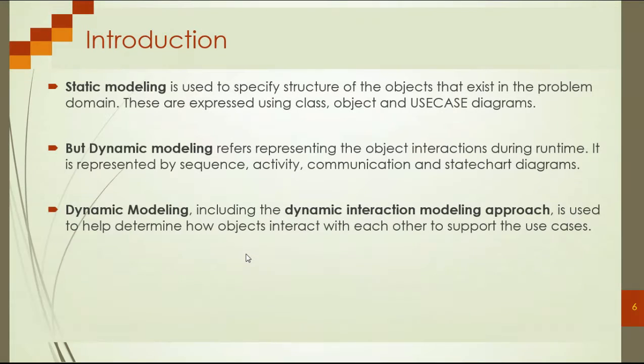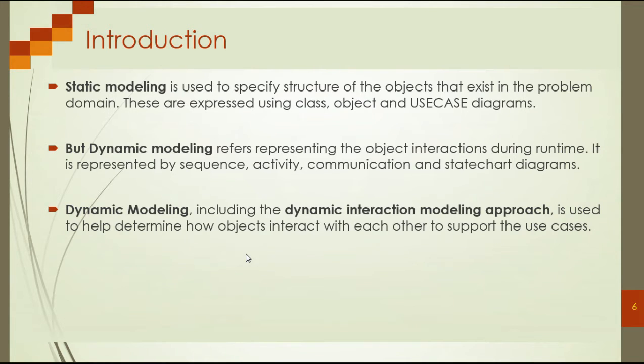In the static model, we specify the structure of the objects, the structure of the classes. So in the static model, we develop the class diagram, but in the dynamic model, we represent the behavior of the system.